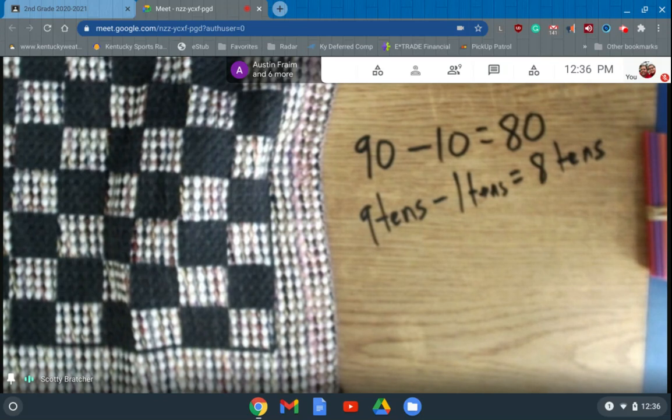And why I want you to write them down is because this was our thinking, and later on, when we get a little bit harder, I want you all to be able to write down your thinking, and that way when you get stuck, maybe, you could either show me or you could talk your way through it.